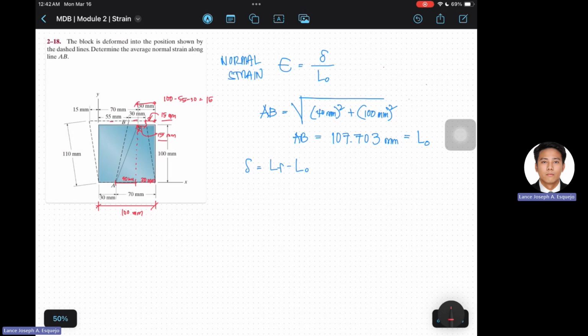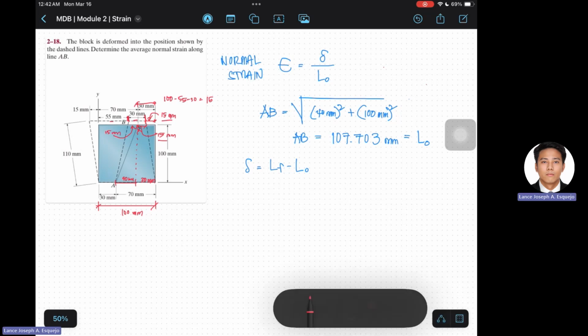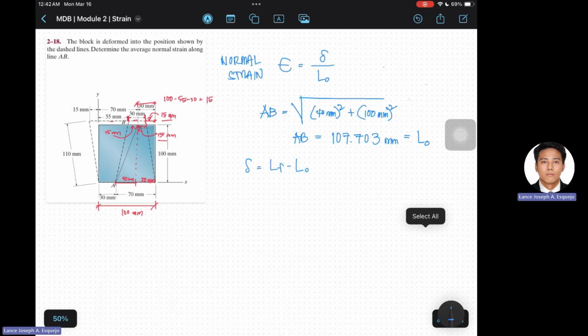So sulat lang natin, we have B moves 15 millimeters to the left.